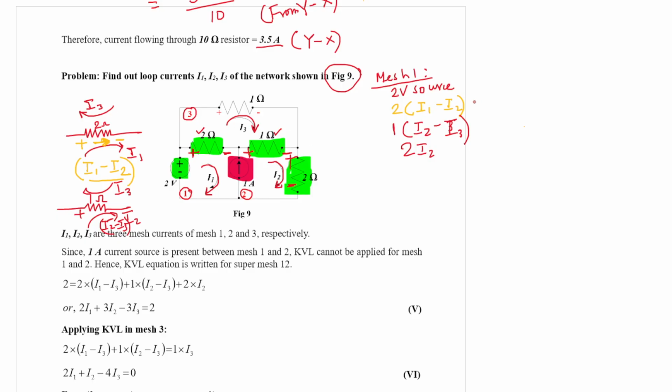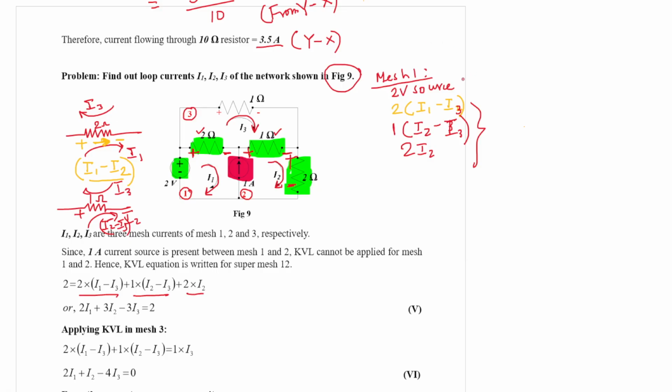Now, consider these three potentials: 2 into I1 minus I3, second 1 into I2 minus I3, and third 2 I2. These three are of additive polarity, because it is plus minus, plus minus, plus minus, so they are all added: 2 into I1 minus I3, plus 1 into I2 minus I3, plus 2 I2.